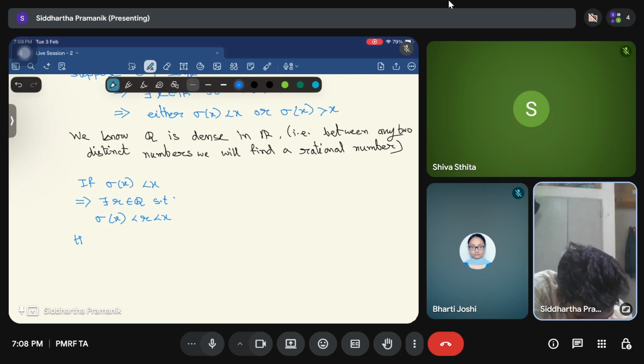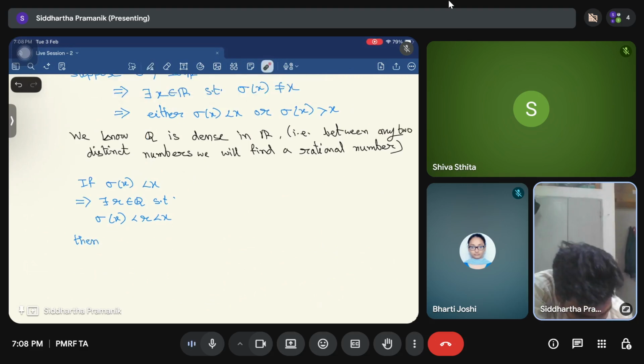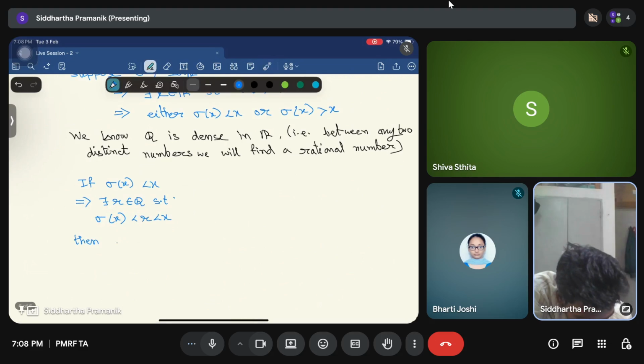So then note that sigma x is less than r, but r is less than x. So r is less than x, but sigma is increasing. So sigma r is less than sigma x. But r is a rational number, so sigma r has to be r.